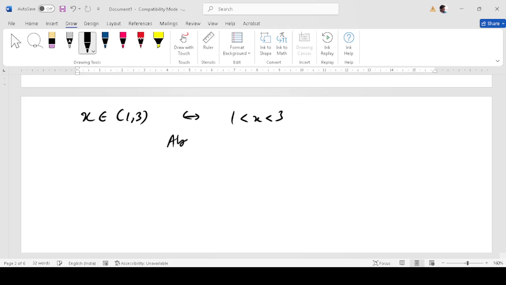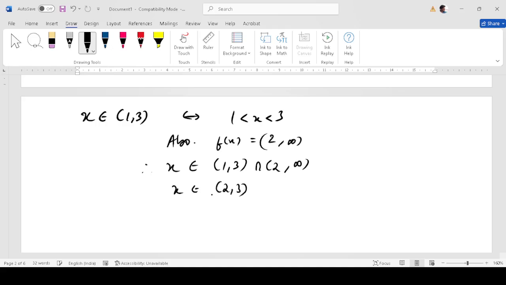Also, we must not forget that the domain of f(x) is going to be (2, infinity). Therefore x would belong to (1, 3) intersection (2, infinity), that is x would belong to (2, 3).